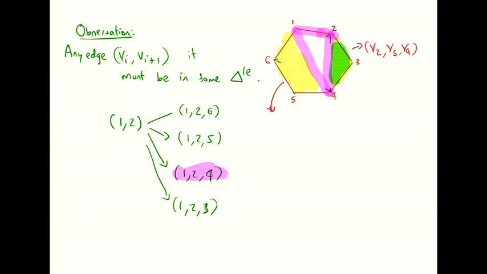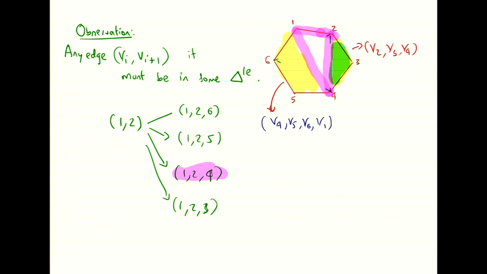If I look at the vertices V4, V5, V6, V1, it's a contiguous section of the vertices on the polygon. If you're walking clockwise, it's some section of the vertices in the polygon. The polygon formed by V4, V5, V6, V1 is this one.